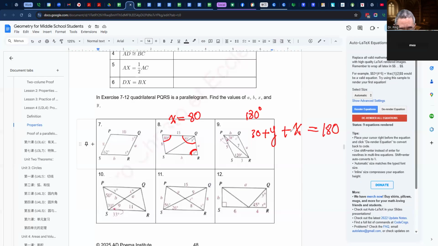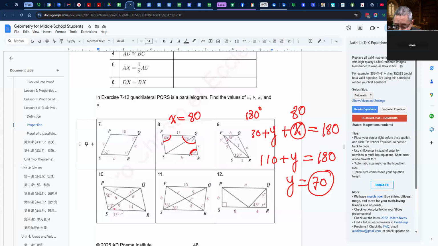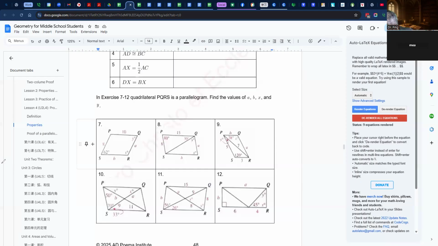But X we just found out is 80. So therefore, we get 110 plus Y equal to 180. Then Y is 70. So 30 plus 70 is 100, 100 plus 80 is 180. So that works out. Good? Okay, very good. Let's do number 9.